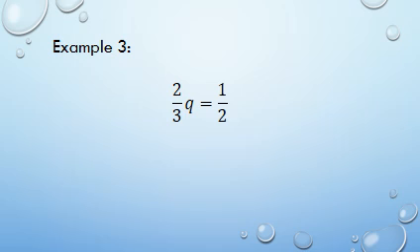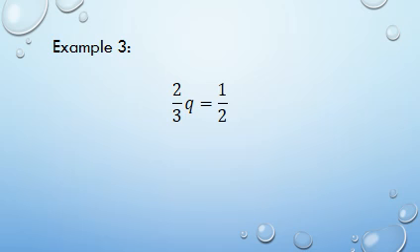All right, example 3. So now we've got 2/3 q equals 1/2. And we know that 2/3, since it's being bunched up with that q, that means that it's being multiplied. And now we need to think about our properties, the multiplicative inverse.